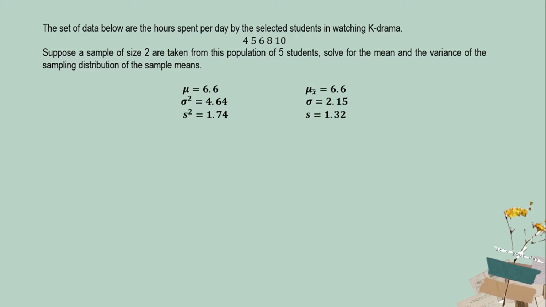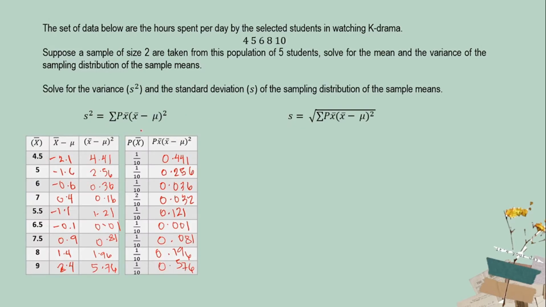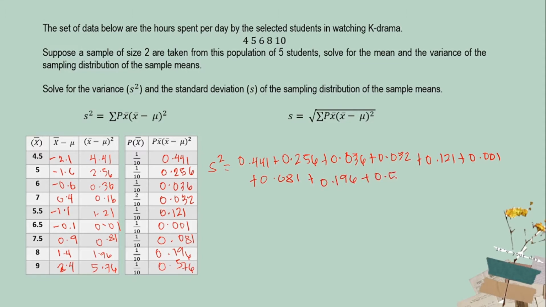So we're going to add all the values that we get in this column. The variance is equal to 0.441 plus 0.256 plus 0.036 plus 0.032 plus 0.121 plus 0.001 plus 0.081 plus 0.196 and 0.576.